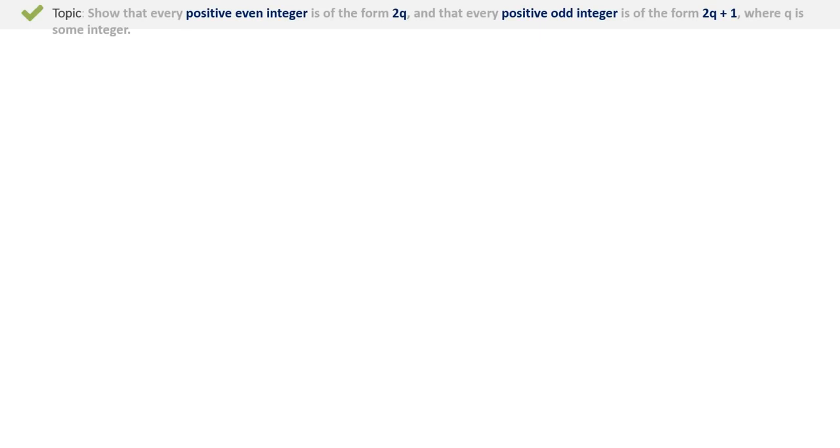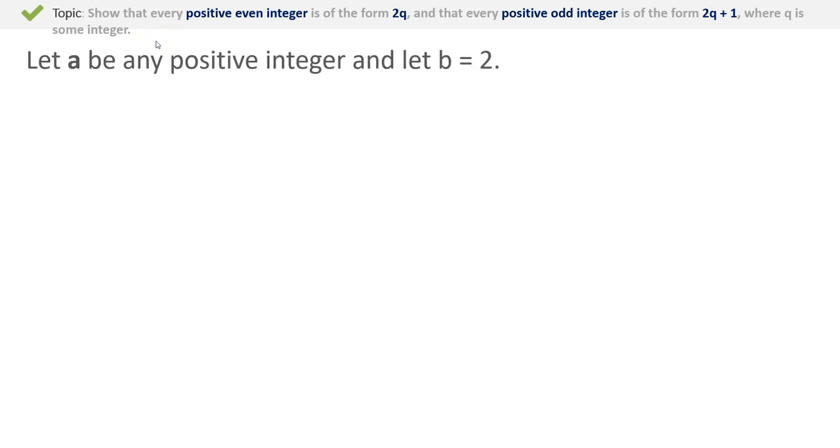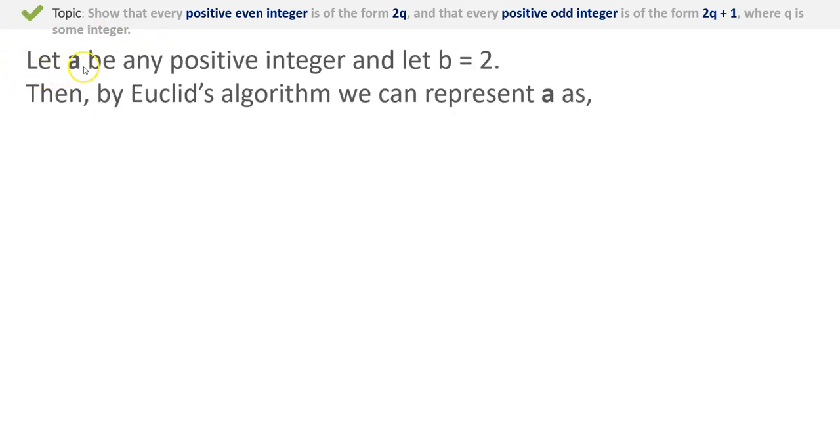Let's take one more example. In this example, we want to show that every positive even integer is of the form 2q, and that every positive odd integer is of the form 2q plus 1, where q is some integer. Now let a be a positive integer and let b be equal to 2.